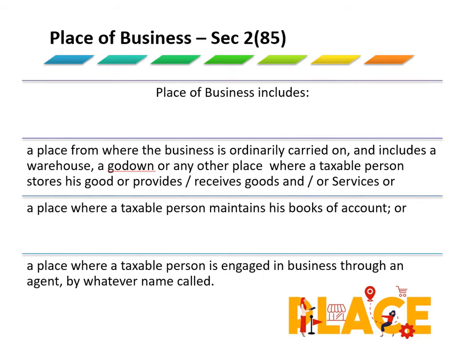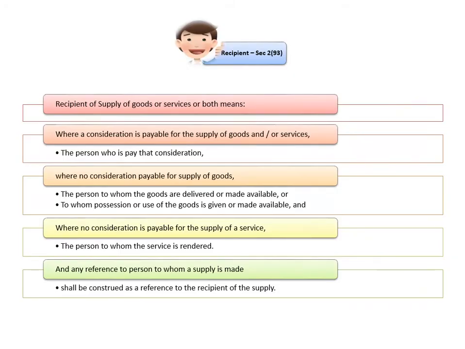Okay. Moving on, we have the next definition as recipient. Now, who is a recipient? Where a consideration is payable for the supply of goods and services, the person who is paying that consideration is a recipient.